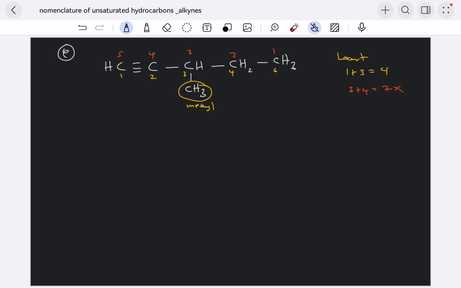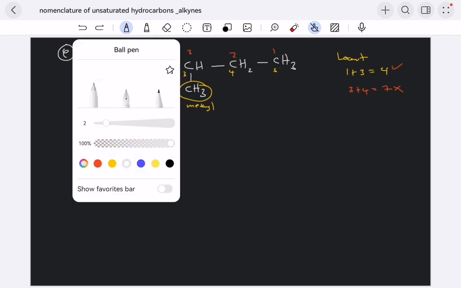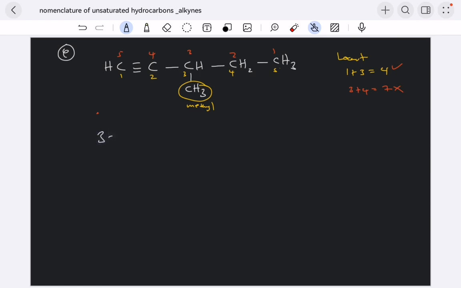So this is the wrong counting. So when we follow the yellow counting, at position number 3, we have a methyl. So we recognize that we have a methyl. Then, what is the name of the longest chain?